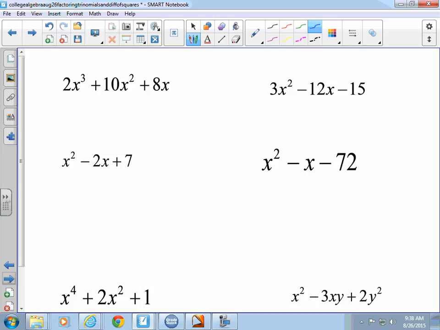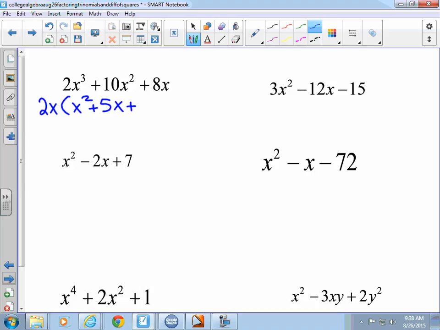Anytime you come to a factoring problem, the first thing you want to ask yourself is, is there a greatest common factor? One, it might make it factorable when it wasn't before, and two, even if it were factorable either way, it will make it easier. So this one, there is a 2 that factors out of all 3 of them, and an x.